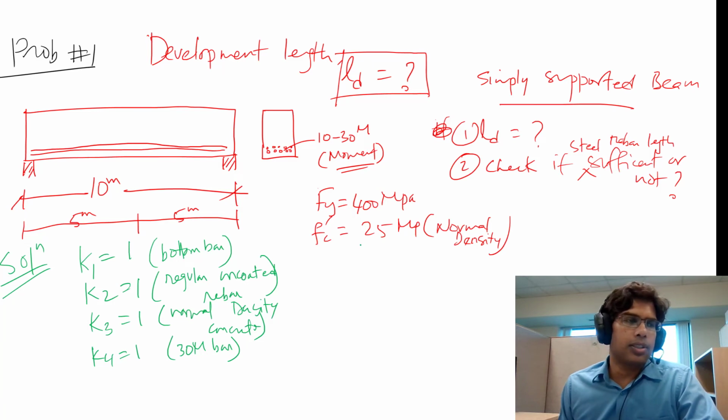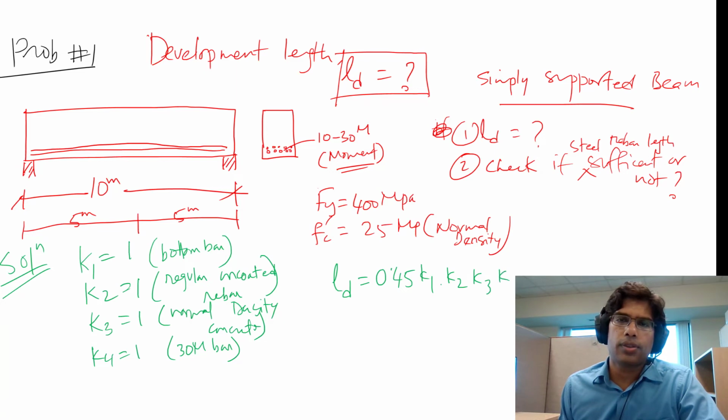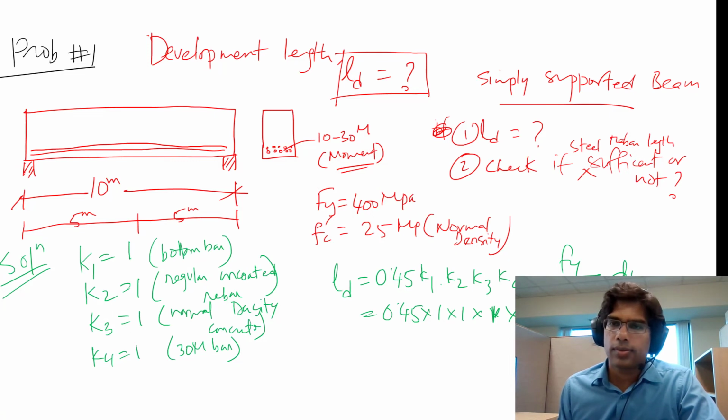If you put all of them in the equation, we can calculate LD. LD equals 0.45 K1 K2 K3 K4 multiplied by Fy over square root of f'c, multiplied by db. So we put in all the values: 0.45, 1, 1, 1, 1, multiplied by 400 divided by square root of 25, and the bar diameter.